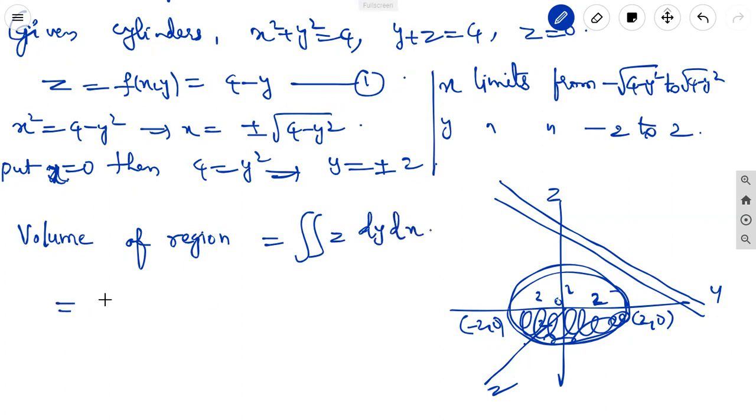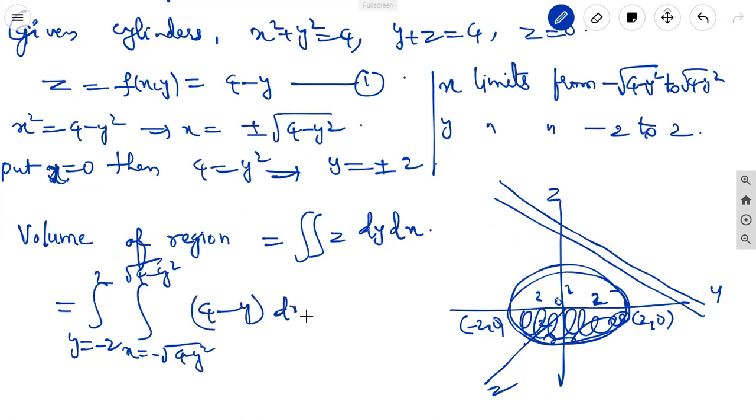What is z? And first, what are the y limits? The y limits are minus 2 to 2. The x limits are minus the square root of 4 minus y squared to plus the square root of 4 minus y squared. Z is equal to 4 minus y, here dx dy.